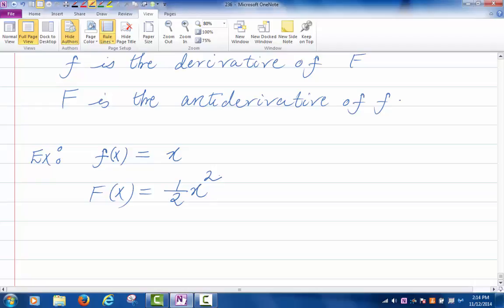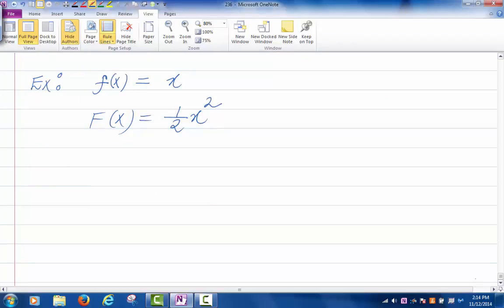You agree with that? But that's not the only antiderivative of x, okay? So notice that there are many other antiderivatives of x. Well, one of them, as you said, is just this.